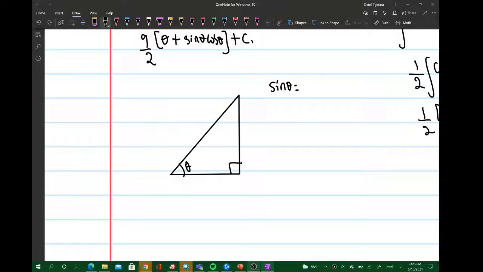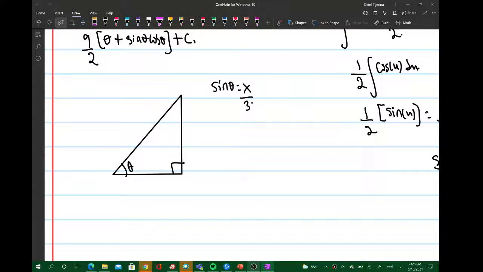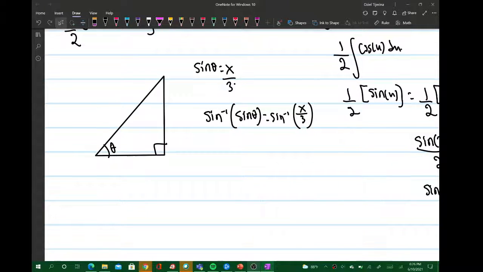We know that sine theta is x over 3. Now to solve for theta, we need to solve for theta because that's what one of our terms is. So we have to do the sine inverse of both sides. Sine inverse of sine theta is equal to sine inverse of x over 3. So then we have theta is equal to sine inverse of x over 3.